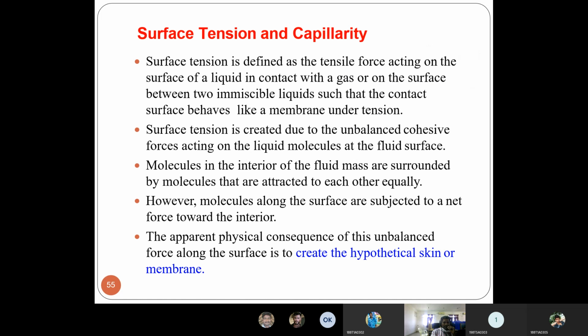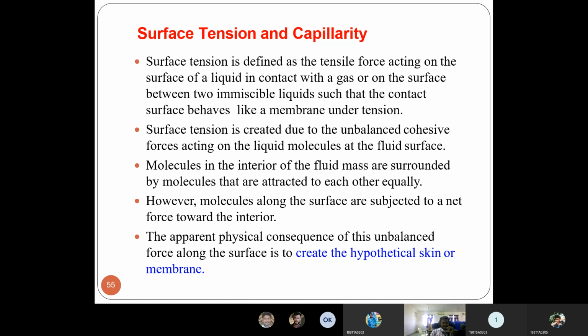Surface tension and capillarity. Surface tension is defined as the tensile force acting on the surface of a liquid in contact with a gas or on the surface between two immiscible liquids, such that the contact surface behaves like a membrane under tension. Okay, what is the meaning of this term?